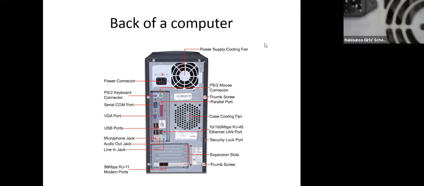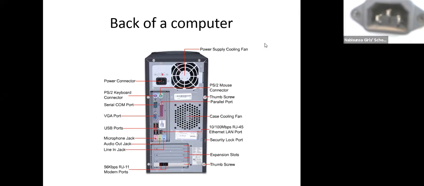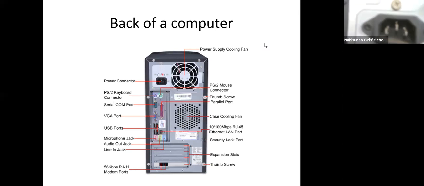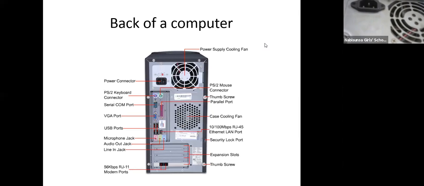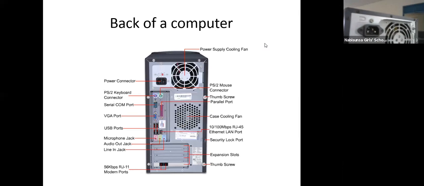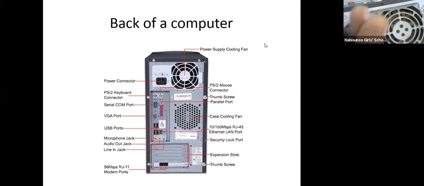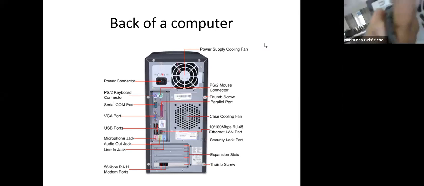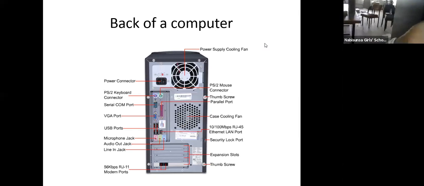Okay. Now I want you to look at this. This is the power connector. And we are getting the power cable, and we are going to put it. Someone come and help me. Go to the other side. Let me get an assistant to help me connect.